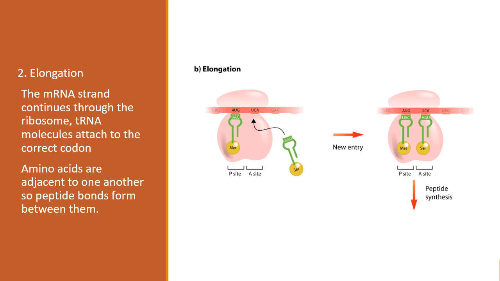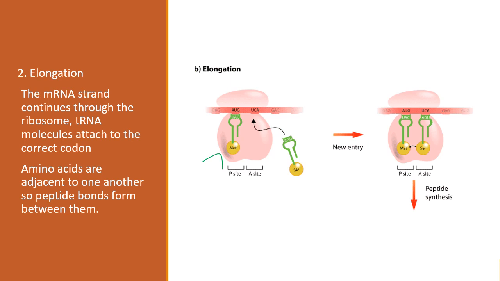We have the first tRNA with its amino acid coming in. Then we have a second one coming in right here into this new site. So then you have these two tRNAs in the ribosome right next to each other. Amino acids that are adjacent to one another form peptide bonds between each other. When you have these two tRNAs right next to each other, they're like, we're friends, and they form this little bond.